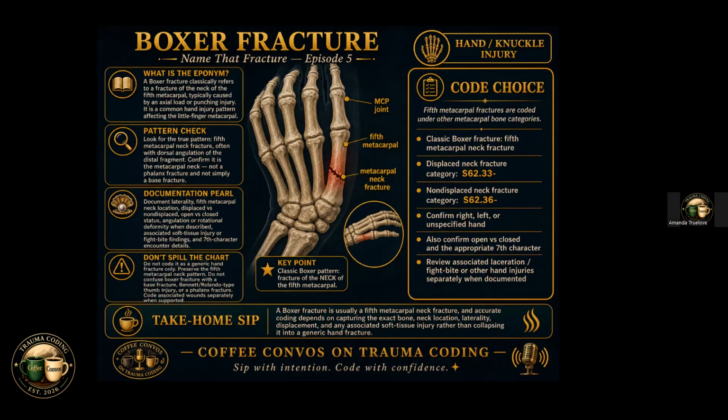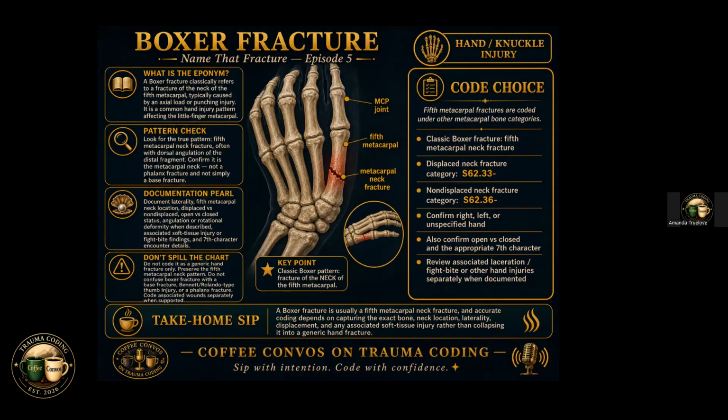So common mistakes or misses: reducing a boxer fracture to just a simple metacarpal fracture without preserving which metacarpal, what part of the bone, and whether the angulation or rotation is present. Second mistake that's very common is just assuming that all punching injuries are boxer injuries or fractures.